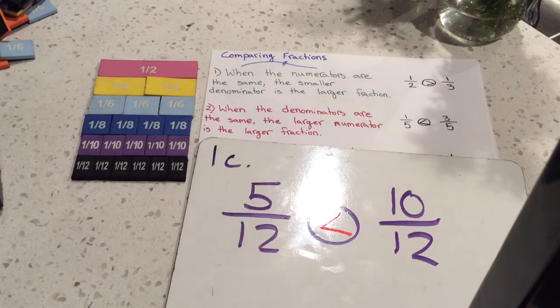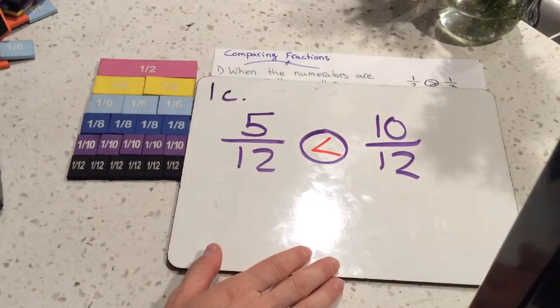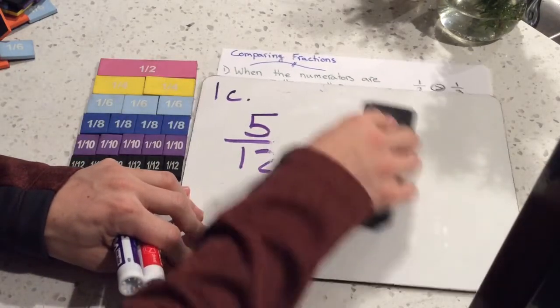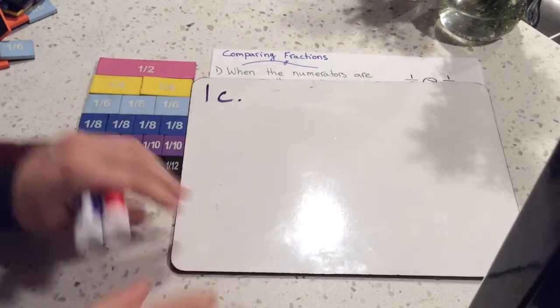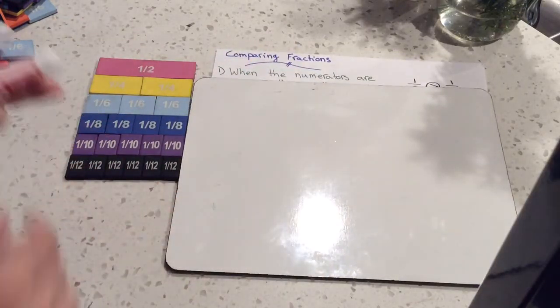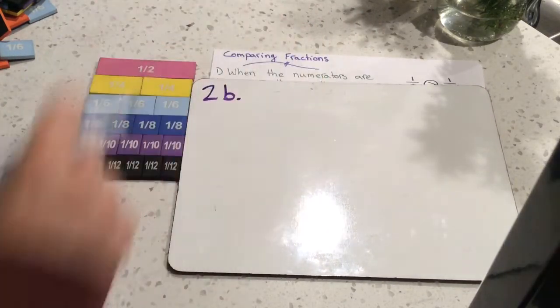I know this is a little bit quick. I know there's a little bit of a glare there. Sorry about that. It's a little bit quick, but we spent some time last week talking about these rules. Where I want to spend most of the time is talking about how we can compare fractions to 1/2. And to do this, I'm going to jump down to question 2B.